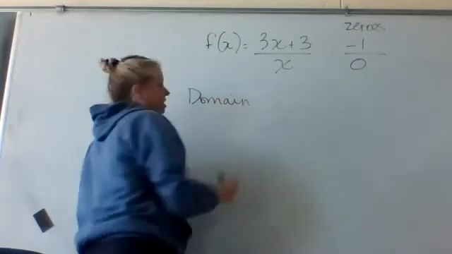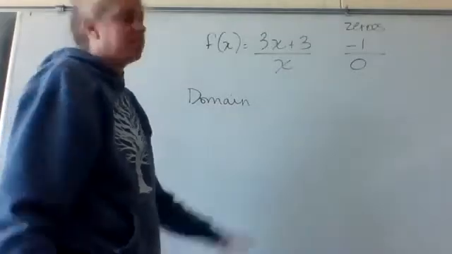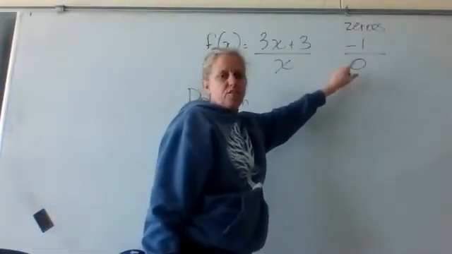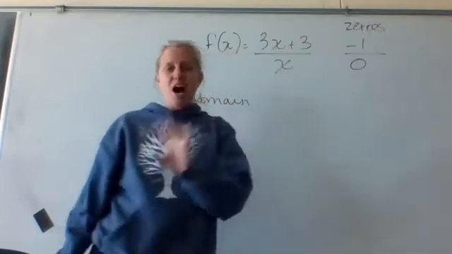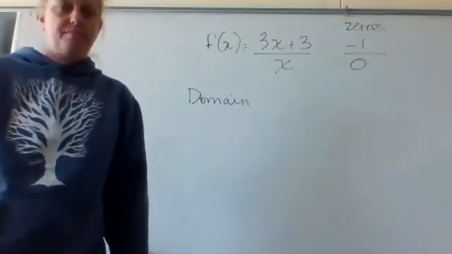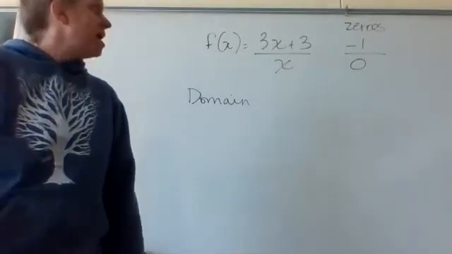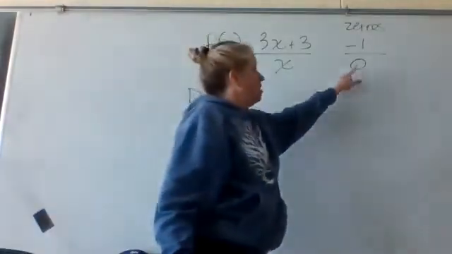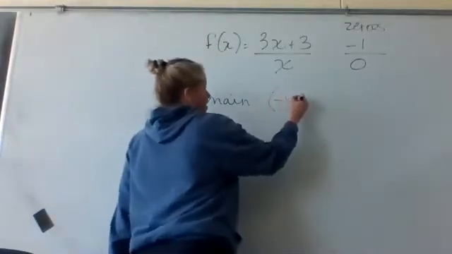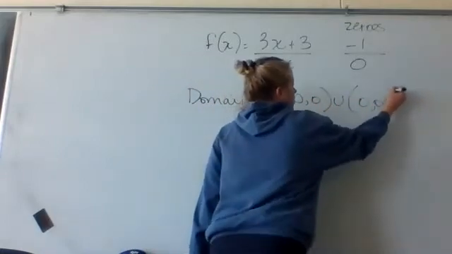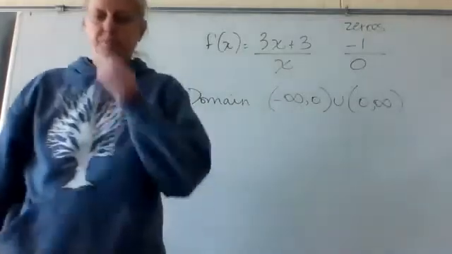Now, remember, finding the domain just means if you have a rational function, the 0, this is why I do this on the front end, the 0 of the denominator just needs to be omitted from your domain. So my domain is all the numbers from negative infinity to positive infinity, except for 0. So negative infinity to 0 in union with 0 to infinity.